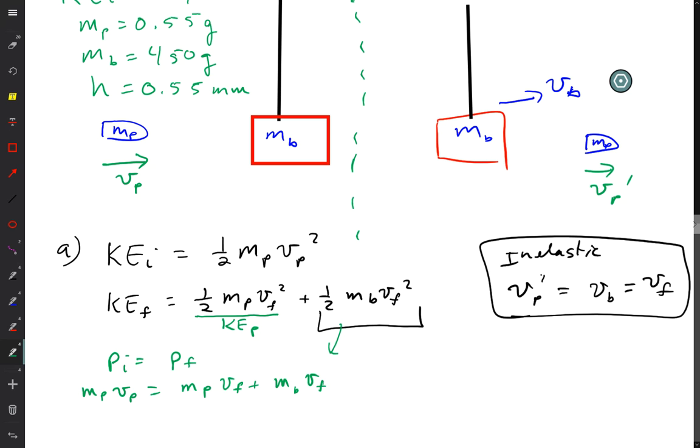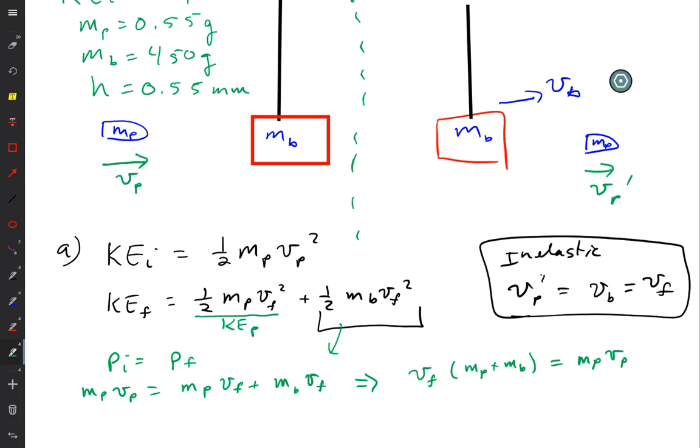And so this allows me to find then that V final times mass of the pellet plus the mass of the block is equal to mass of the pellet V of the pellet. But they didn't give me V of the pellet. They gave me the kinetic energy.